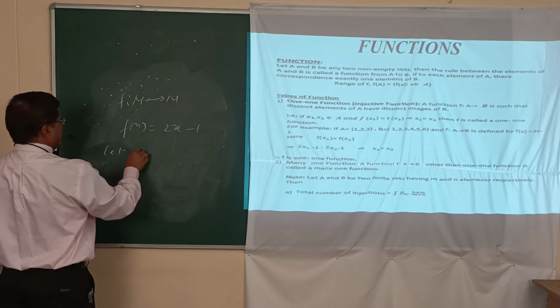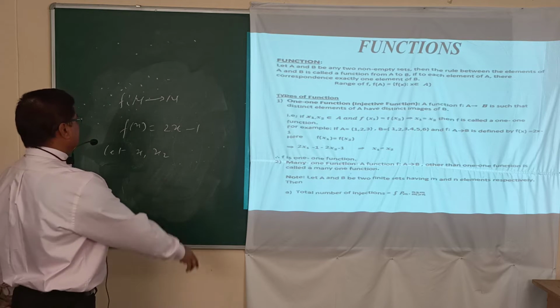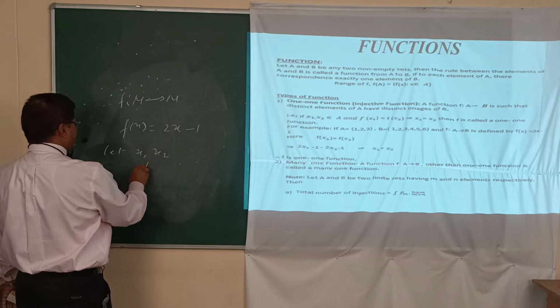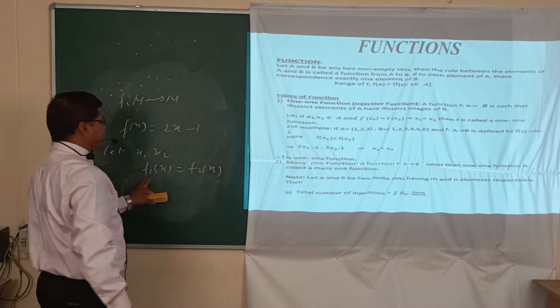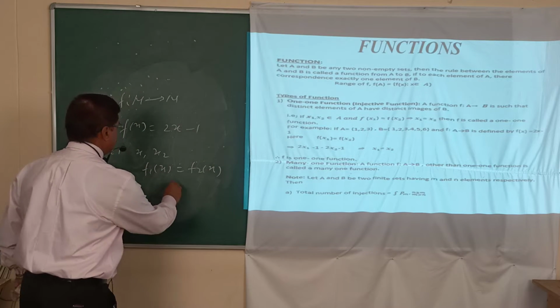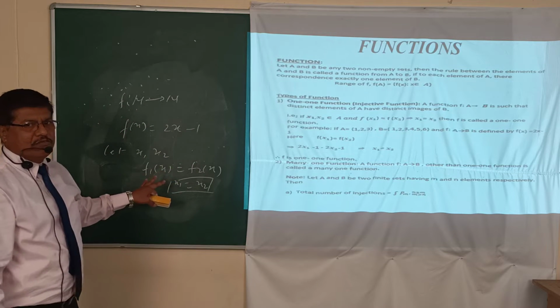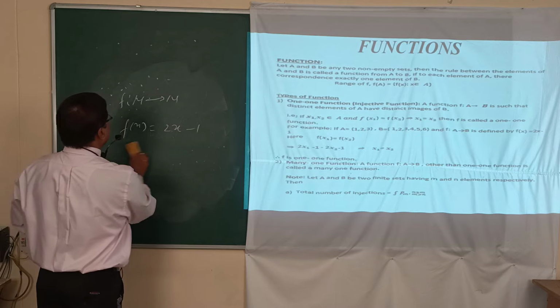Let x1 and x2 be any two natural numbers, and we want to check whether this is a one-one function. The condition is f(x1) equals f(x2). If this happens, it means x1 equals x2, then you can say this is a one-one function. So in this condition we'll check first whether this is a one-one function or not.